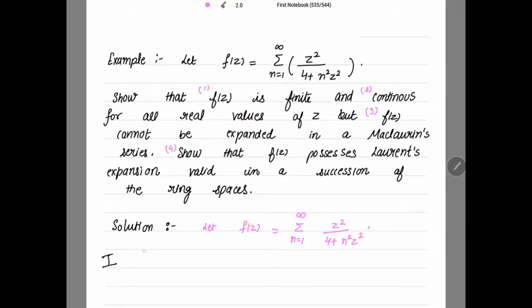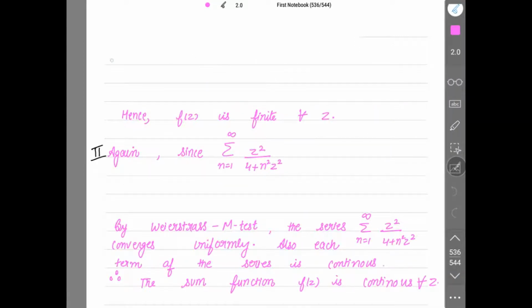Now for all real values of z, this function is obviously strictly greater than 0.